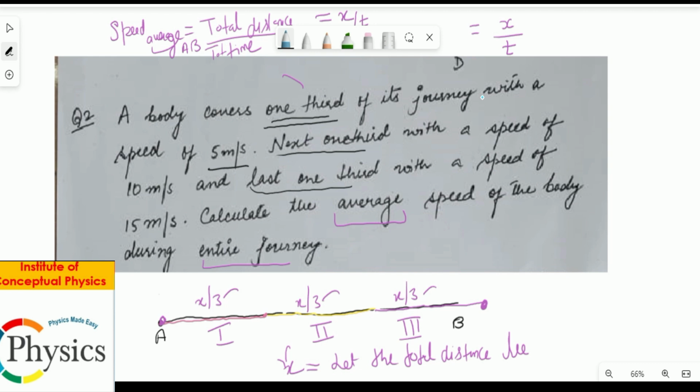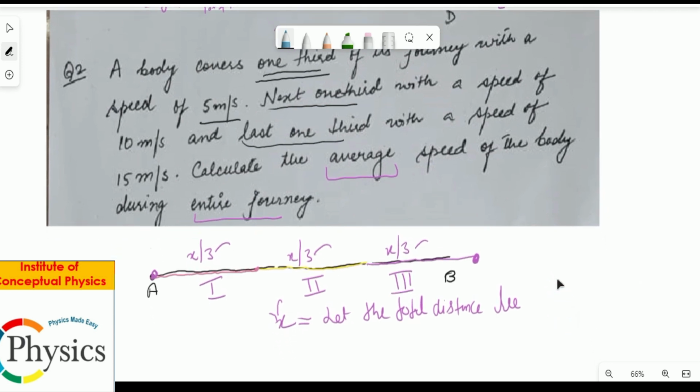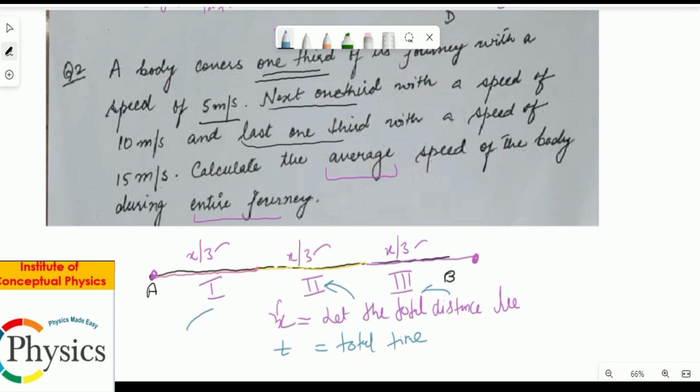How do you proceed now? We have understood that the journey is divided into three equal parts, and we don't know the total time or the total distance. This t is the total time. We don't know both, but what we know is the individual parts of the journey, right? So these individual parts are known.